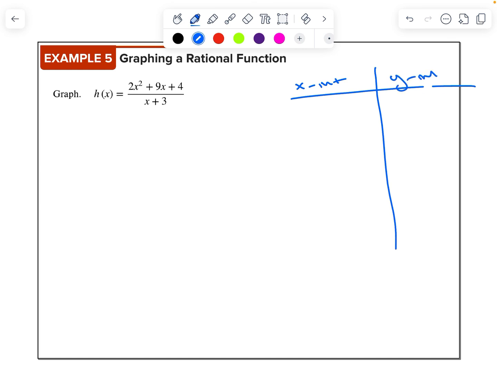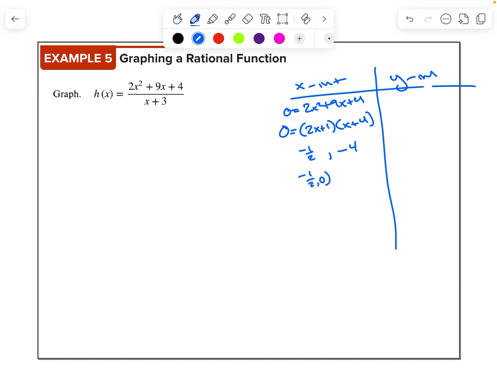The x-intercept, if I plugged a 0 in for y, and I know I'm going to end up multiplying by this to get rid of it, and so I'm going to have 2x squared plus 9x plus 4, and then I can factor that as 2x plus 1, x plus 4, and so my x-intercepts are at negative 1/2 and negative 4.